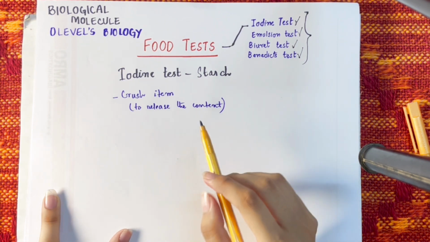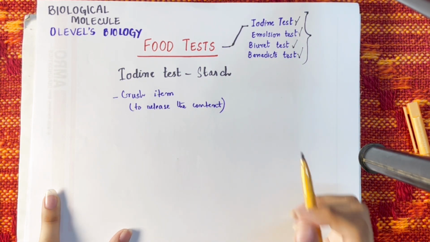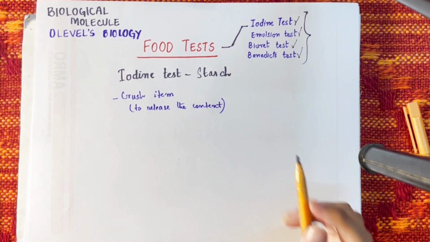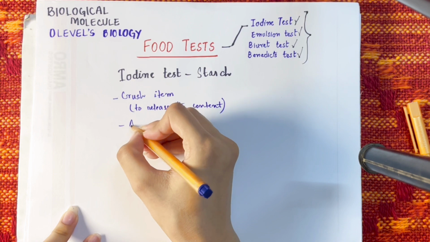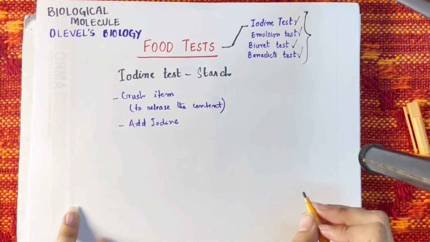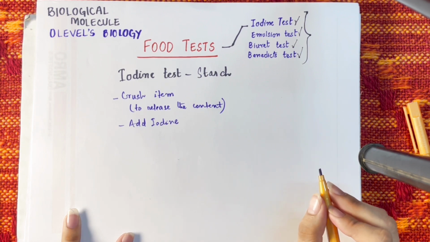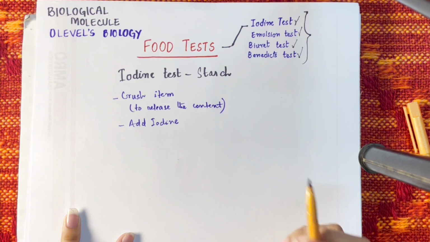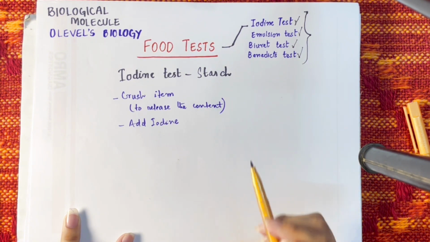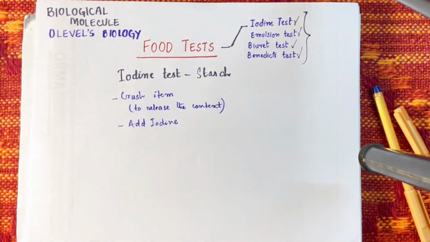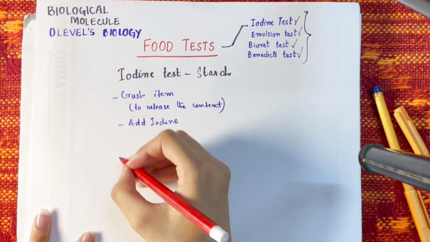After the crushing, we need to identify whether starch is present or not. For that, we add some drops of the iodine solution to it. The color appears to be brown.